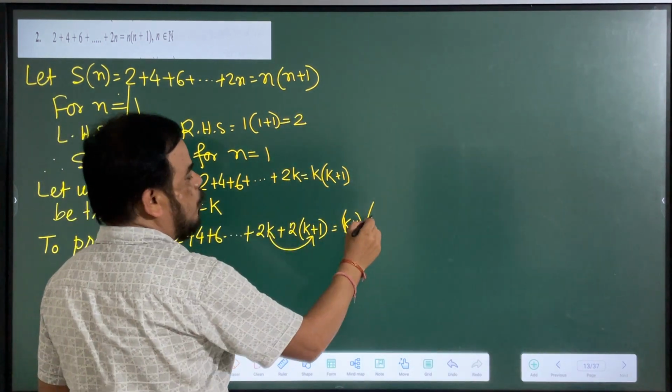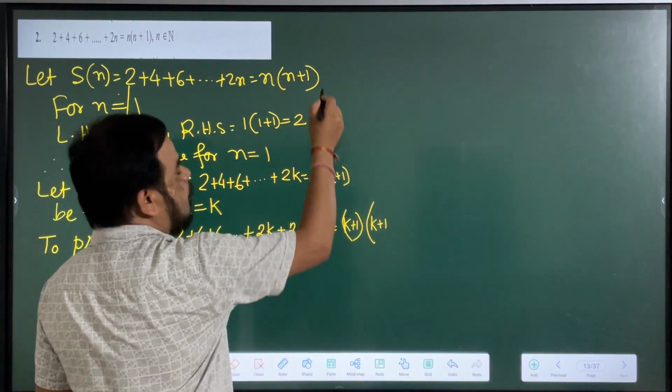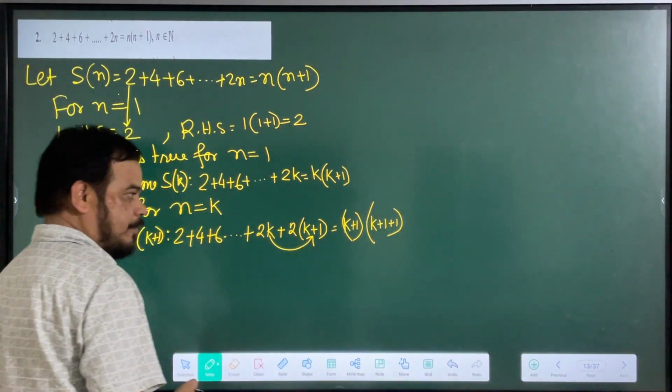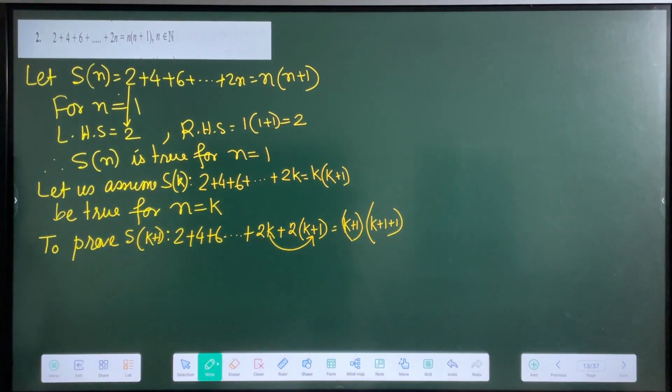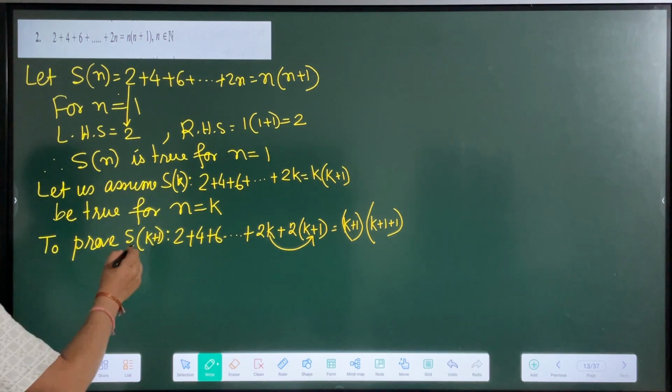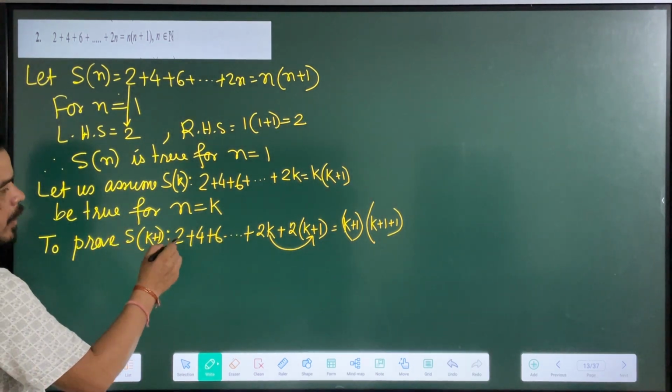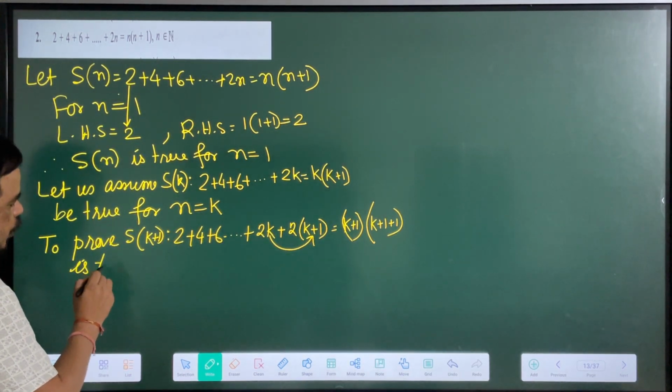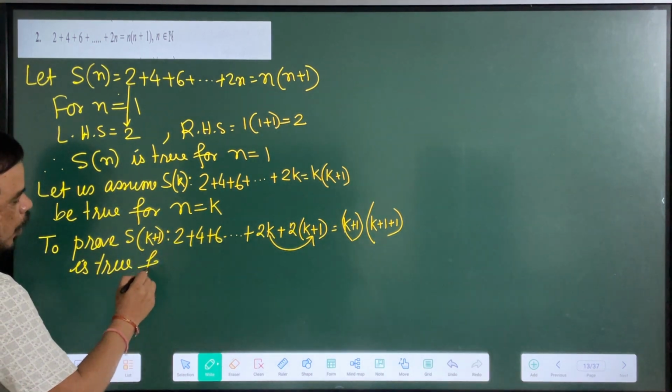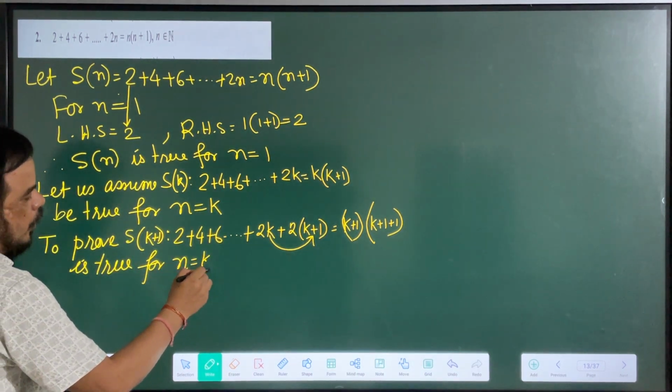In place of n, we will write k + 1, again plus 1 is originally there. So this is what we have to prove, as k + 1 is true for n = k + 1.